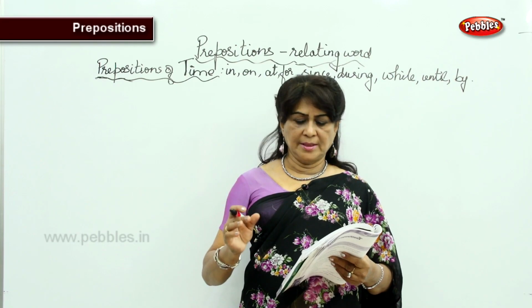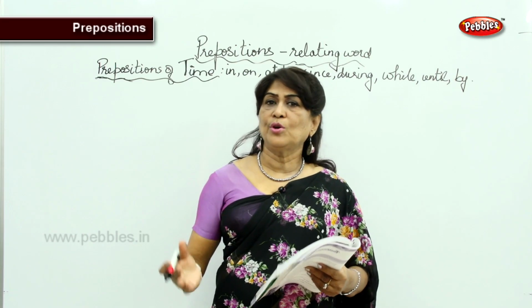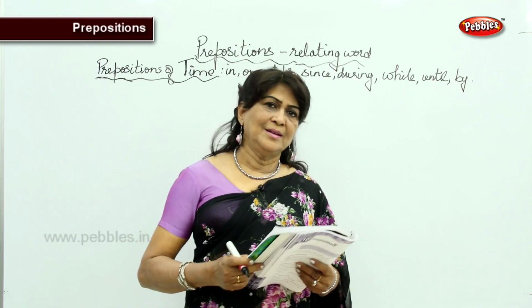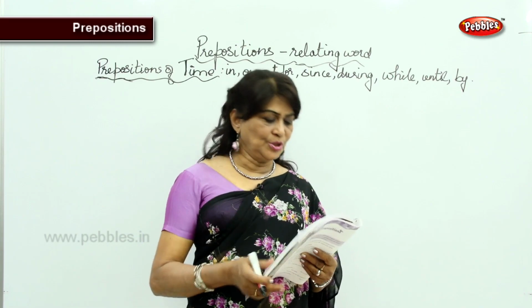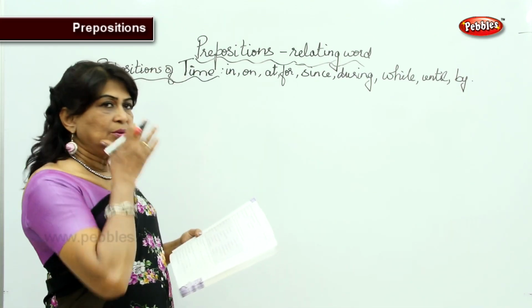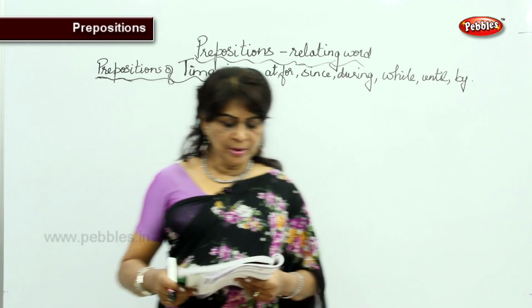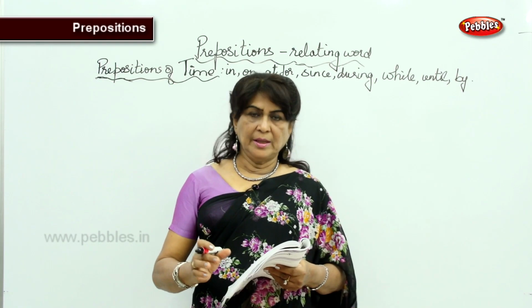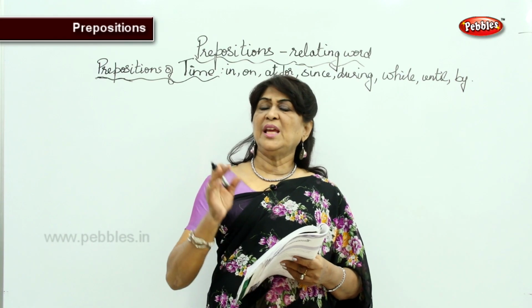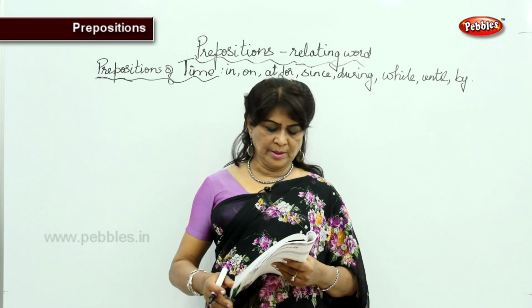Okay, at, we can say at 4 o'clock. See, now we can see the difference in usage of prepositions of time. So, in, on and at, we can use in for in the year, then in August for the month, then for season in winter or in summer.